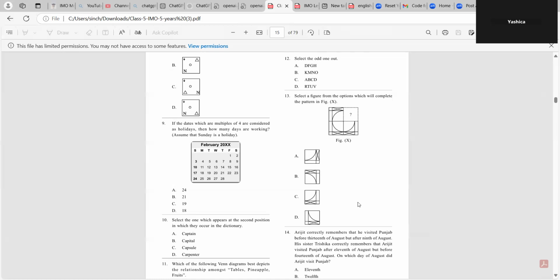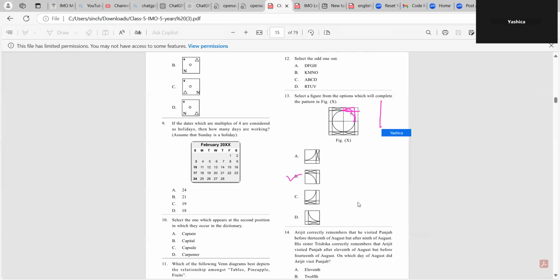Ma'am, 13 is B because there will be the circle completion. Then there will be this. Wait, and there will be a cross here.